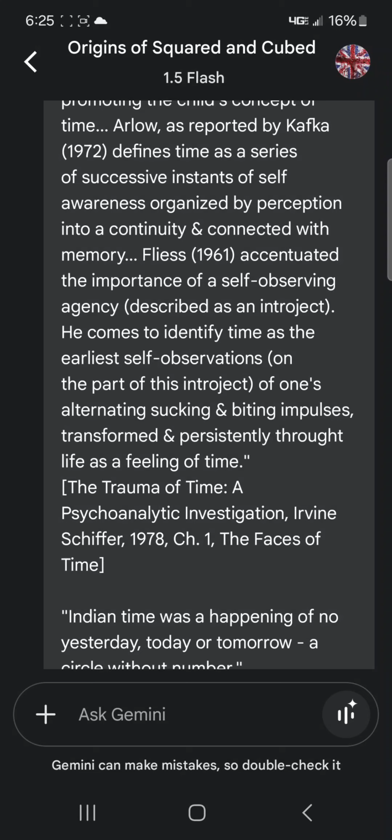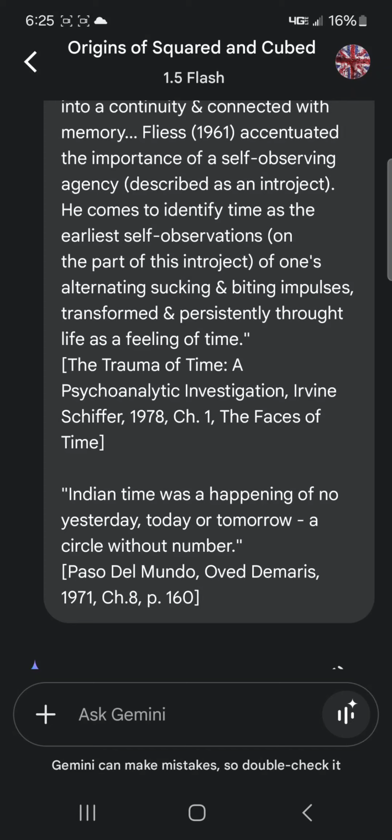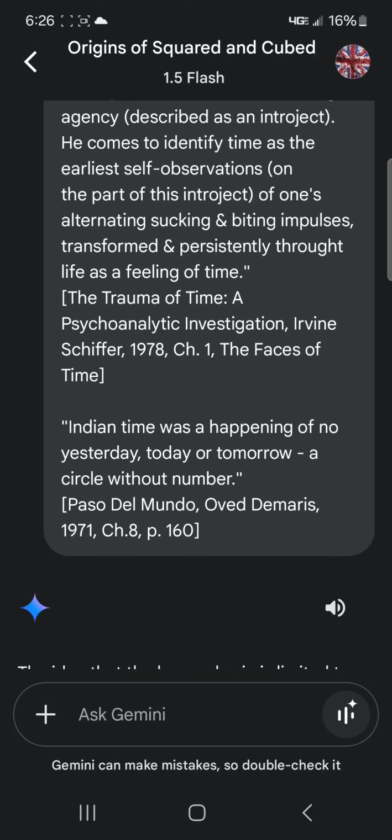He comes to identify time as the earliest self-observation on the part of the introject of one's alternating sucking and biting impulses, transformed and persisting throughout life as a feeling of time.